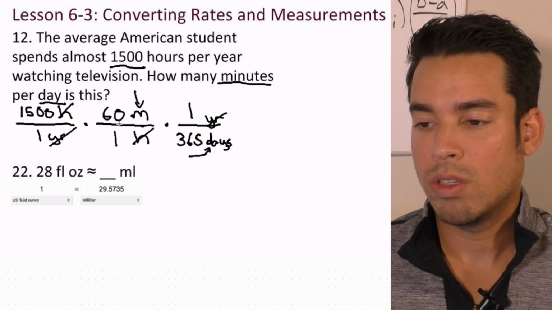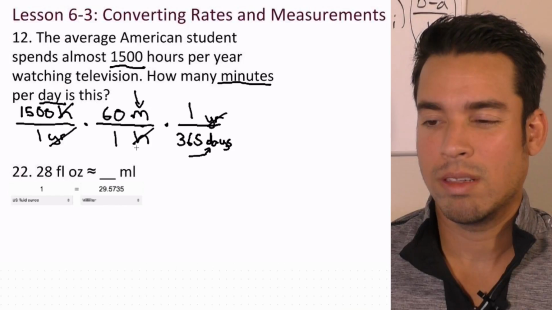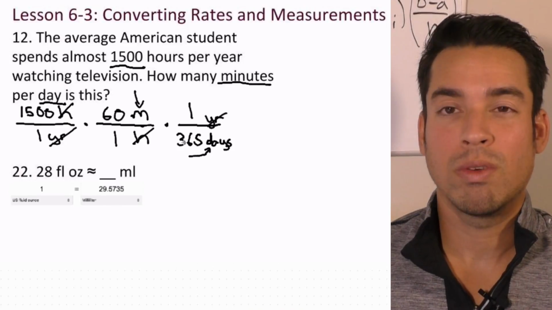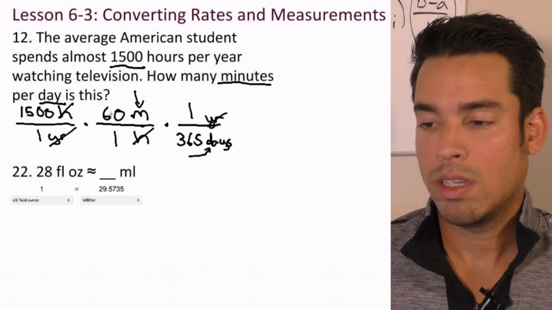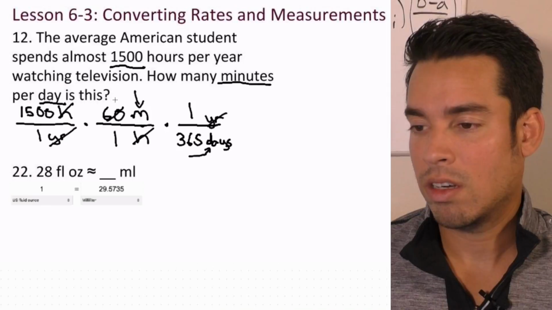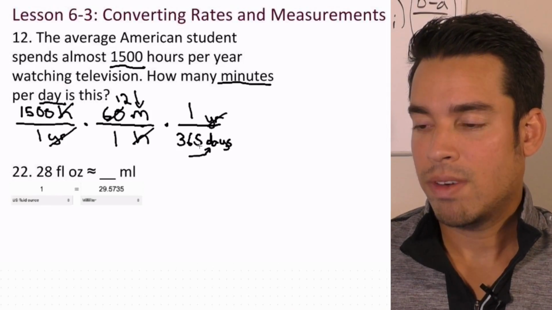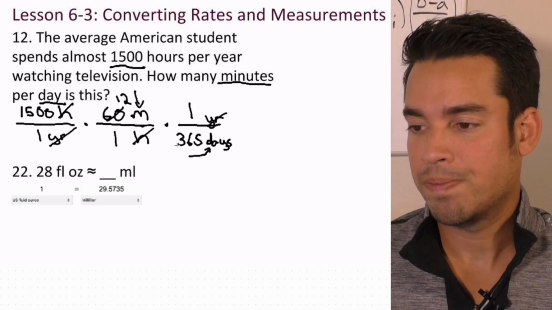And if you want, you can do a little cross simplification to make the multiplication a little bit easier. For example, I can already see that 60 and 365 are both divisible by 5. So if we felt so inclined, we could divide these guys down. 60 divided by 5 is 12. 365 should be 20, 40, 60, 60, and then it would be 73.